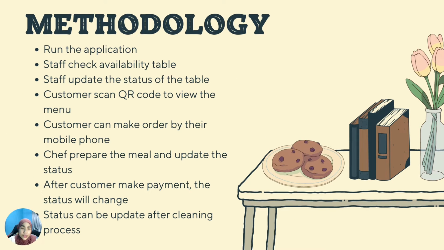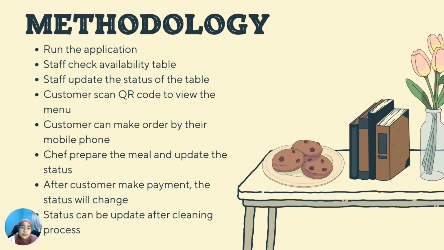Okay, for the methodology, first run the application of Jom Makan Cafe and the cashier will check the availability of the table for the customer. The cashier will update the status of the table once the customer gets the table.